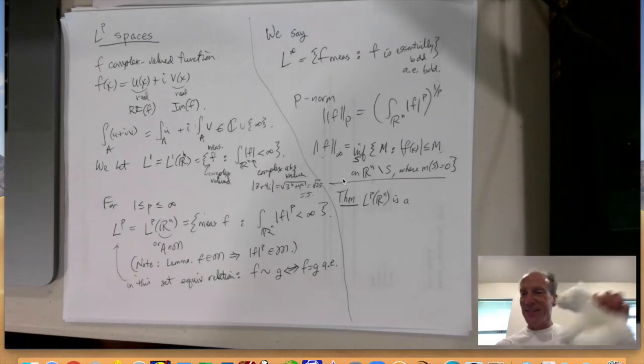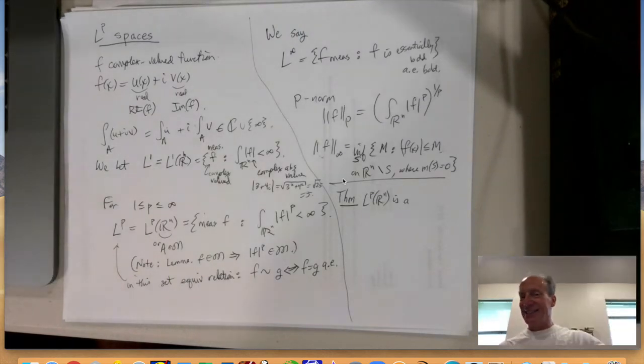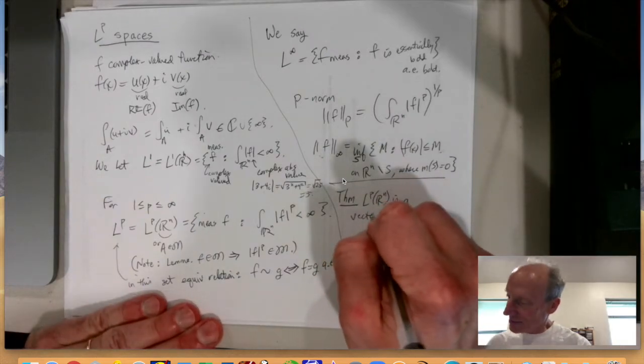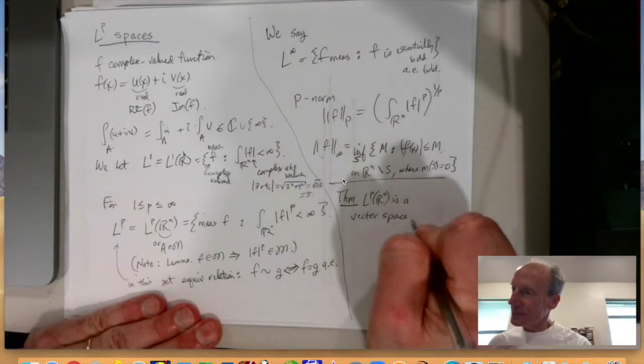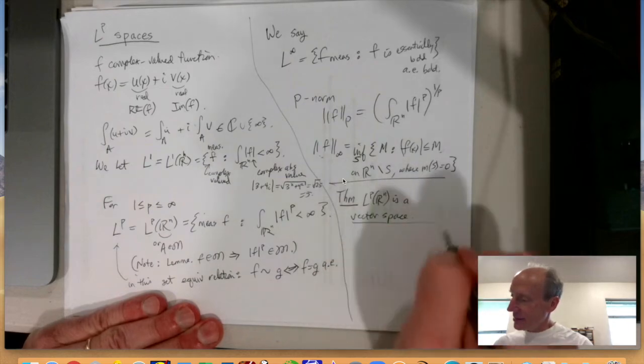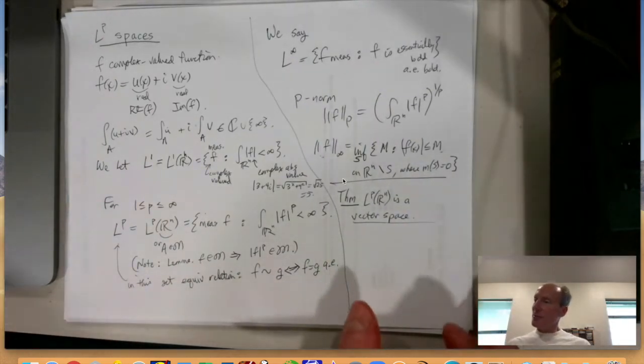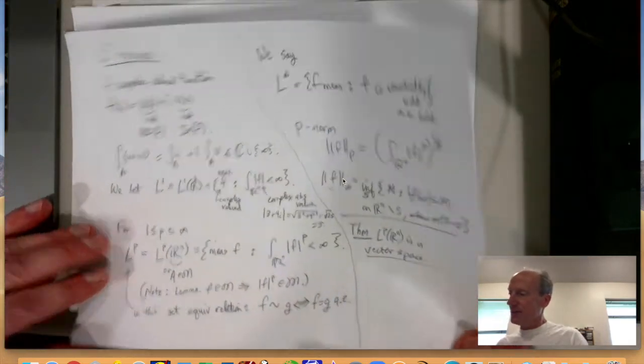That's right, Hermione. Yes, it's a vector space. Fantastic. And there's even more that we're going to be able to say about that. But first, we have to do a little bit of analysis. All right, so let's do that.